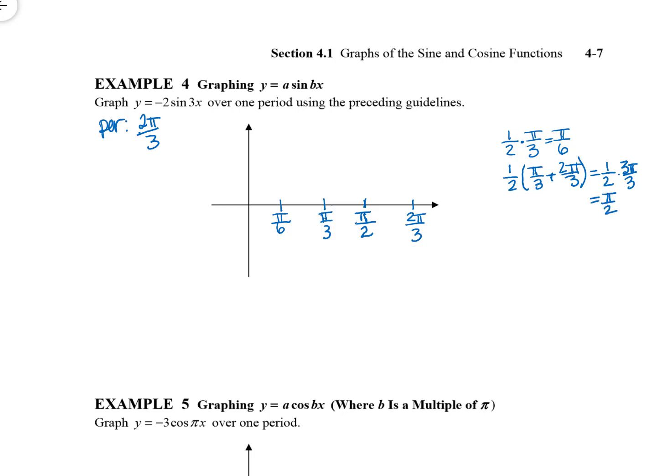Now for sine, we know that it starts at 0, 0. Then to find how high and low it goes, we find the amplitude. Well, the amplitude is the absolute value of a. Well, a is -2. So that means that we're going to go 2 units up from the middle and 2 units down from the middle.